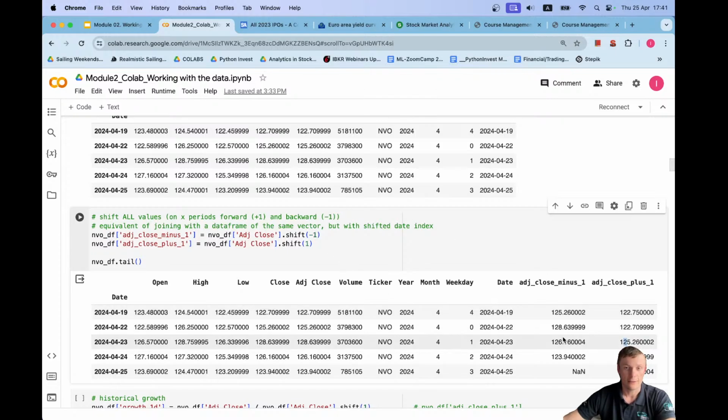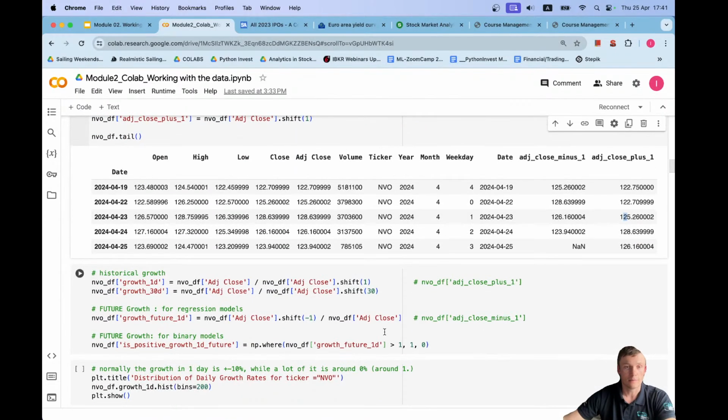If you have these values, you can easily divide one by another and calculate historical growth or future growth. So historical growth for the last 1 day is adjusted close for today divided by adjusted close shifted. So that's 128 divided by 125. As you can see, yesterday it was 125.